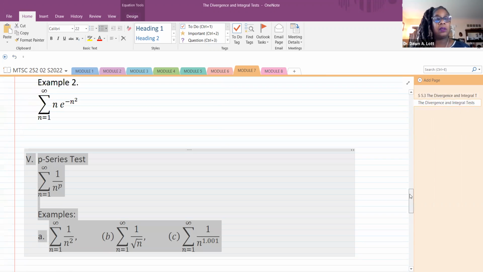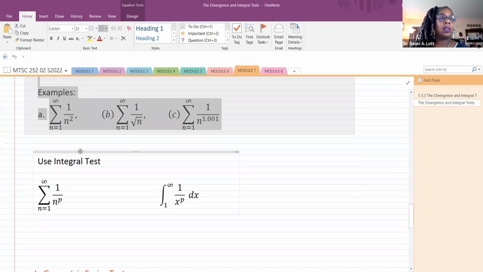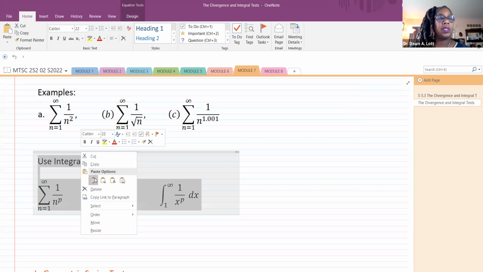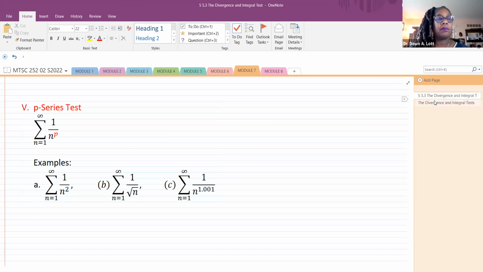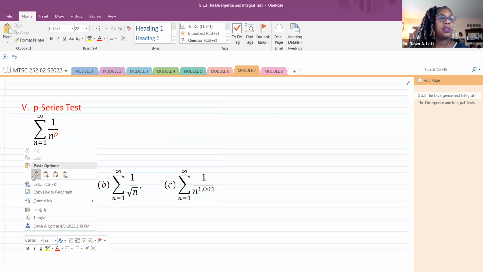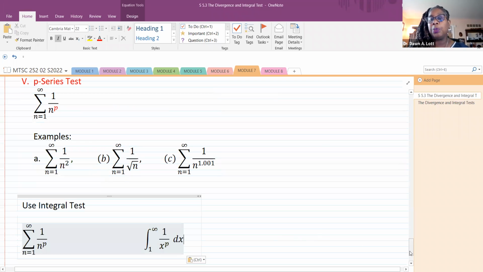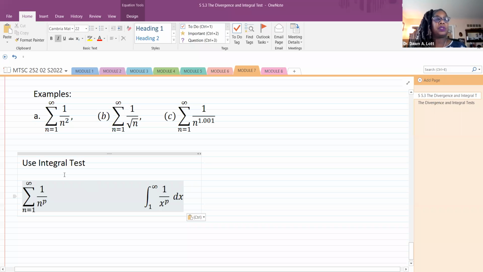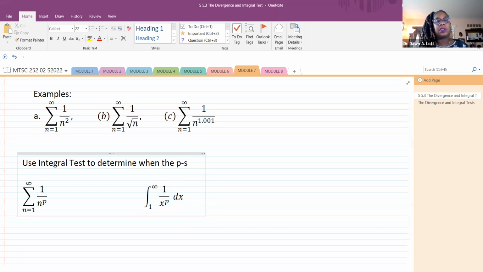All right, so for this, we are going to use the integral test. So we're going to use the integral test to determine when the p-series converges.